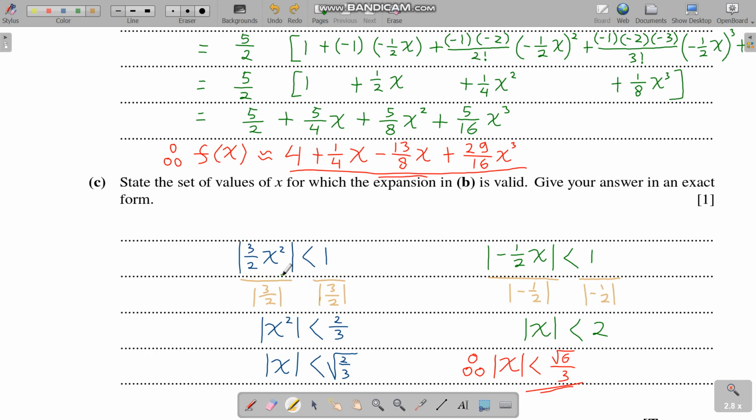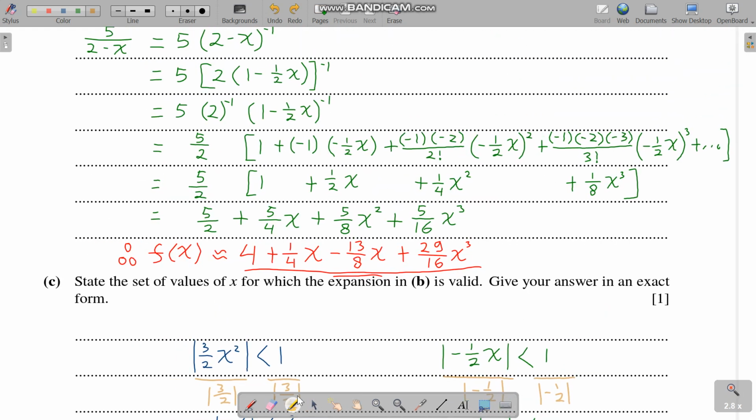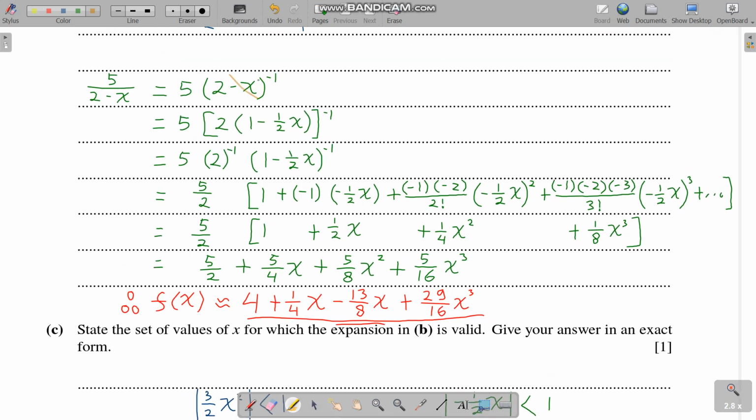We can divide both sides by the modulus of 3 halves, so we get x squared is smaller than 2/3, and then we take the square root both sides. We have modulus of x is smaller than square root 2/3, and we do the same thing with the green expansion. Remember again, the x is not this minus x, but it's minus 1/2 x, because that's when we start using the formula.